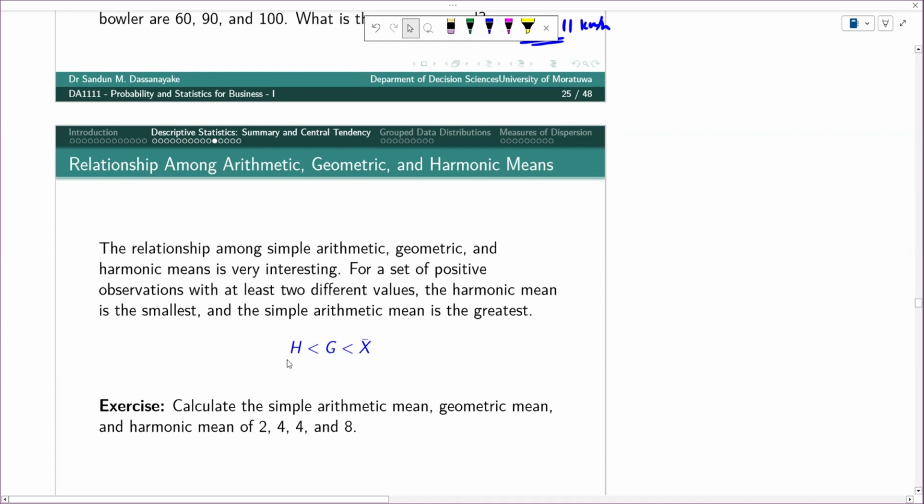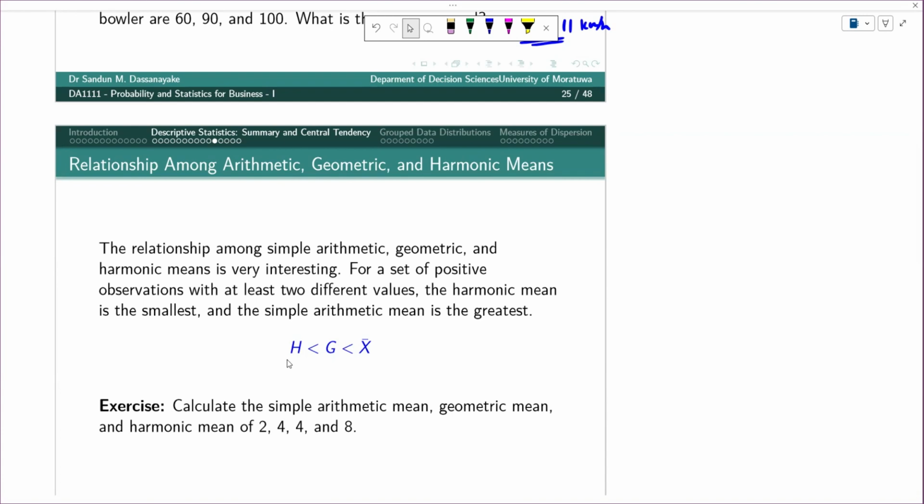Now, these can come in MCQ questions, where you have a few values, and then you get the options, like what can be the harmonic mean, the geometric mean, and the arithmetic mean.